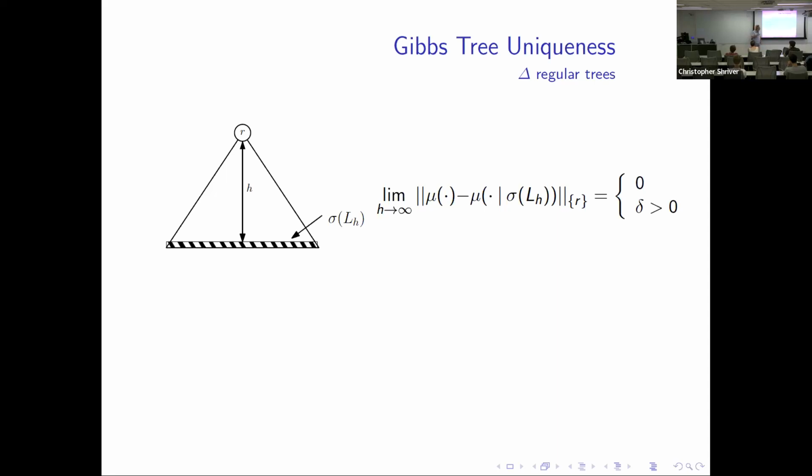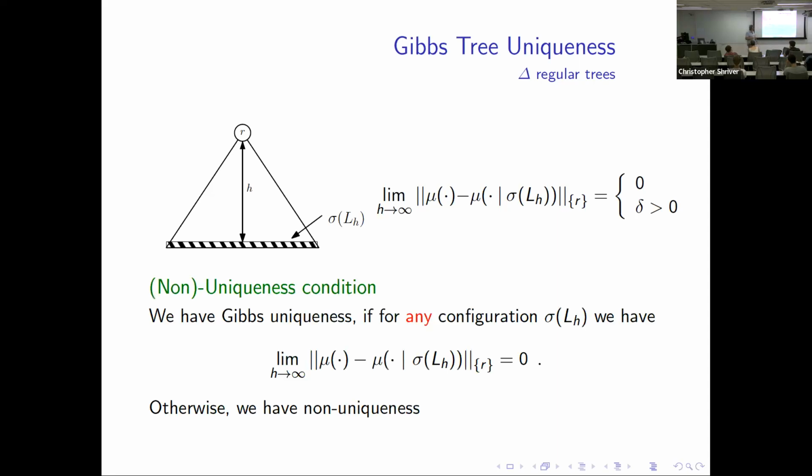To have this nice limit here, and as it turns out, this limit has two possible values. It's either 0 or some quantity delta bounded away from 0. Now we say that we are in the uniqueness region for the Gibbs distribution, or in tree uniqueness, if for any configuration sigma this limit is 0.